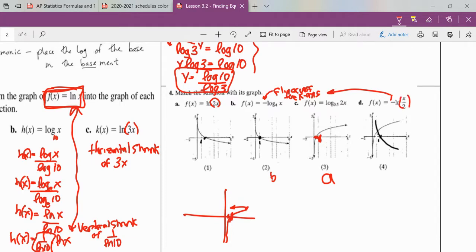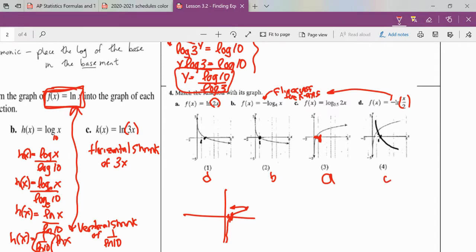So it's a number, and you got to think opposite. It's half, but really, opposite would be twice as much. So it's going to be a horizontal stretch of twice as much. Instead of going through 1, it's going to go through 2, but it's also flipped upside down. So that's letter D.